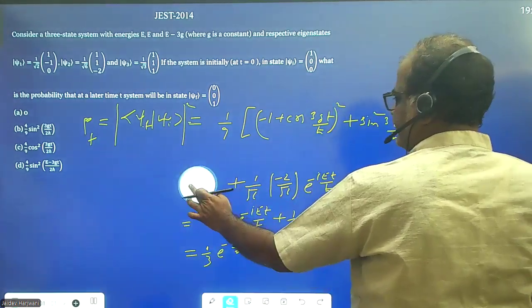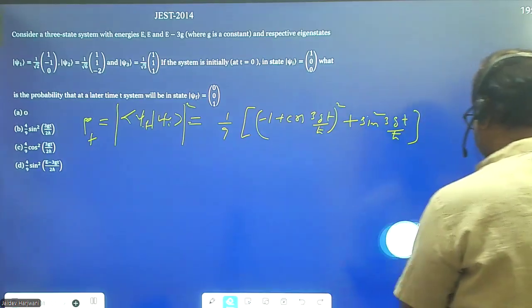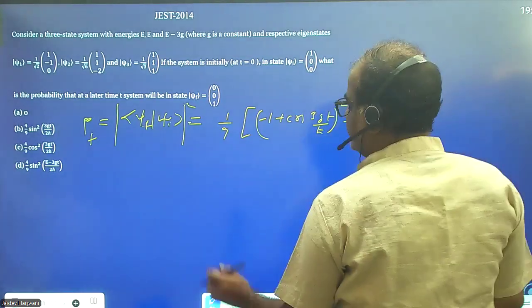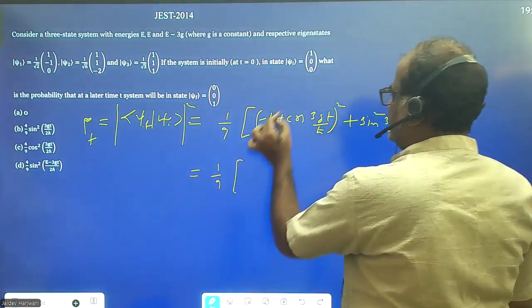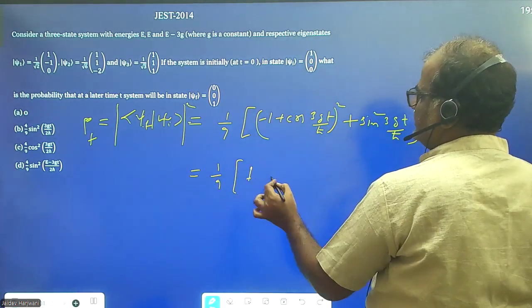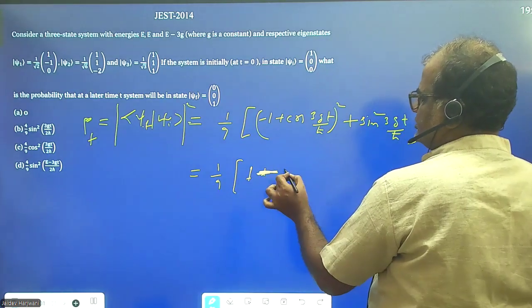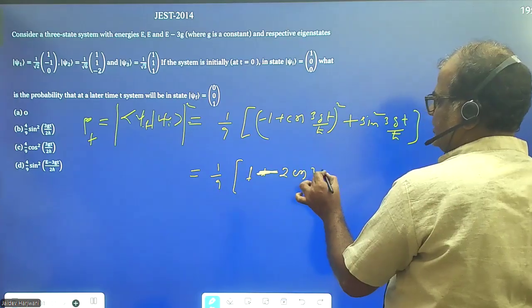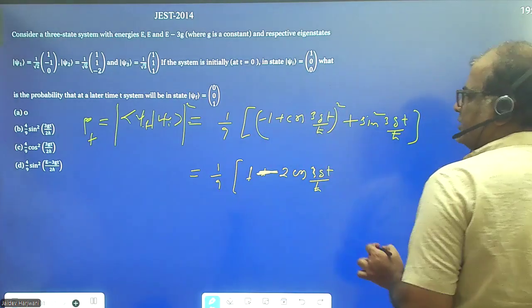Now the last step. So the last step, you have to just solve this one. So this comes 1 by 9. Open this one. This will give me 1 plus 1 minus 2 cos 3gt upon h cut, a plus b whole square.